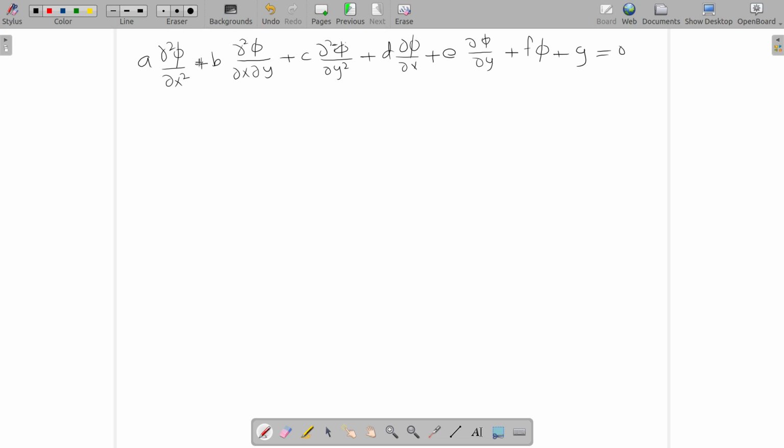So which are the high order derivatives? These three are the high order derivative terms.